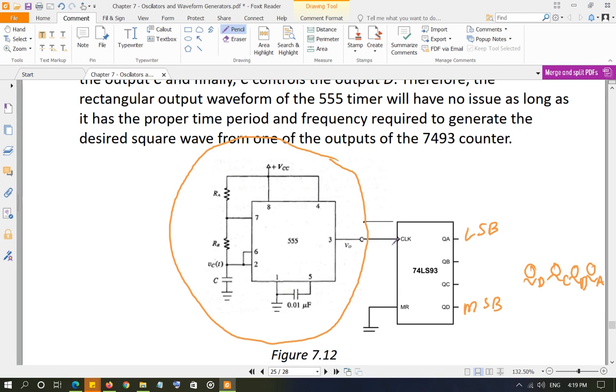So you can use any binary counter. It can be 2-bit, 4-bit, 8-bit, whatever.